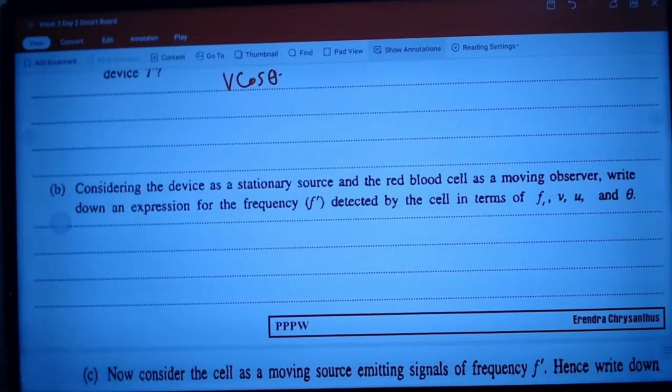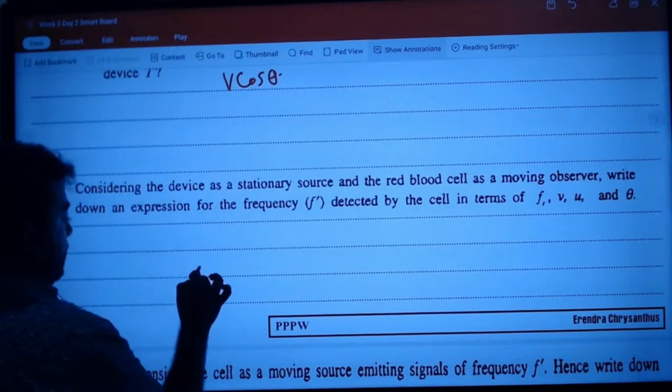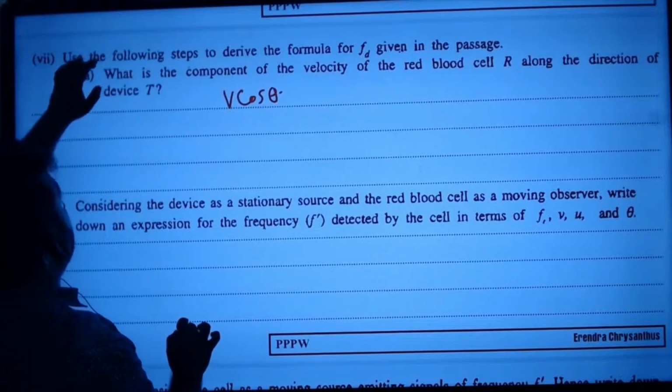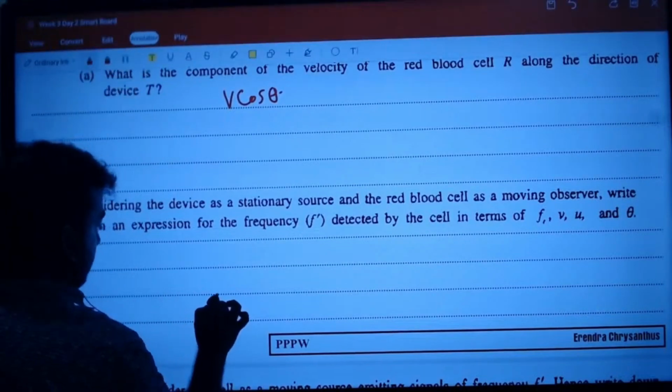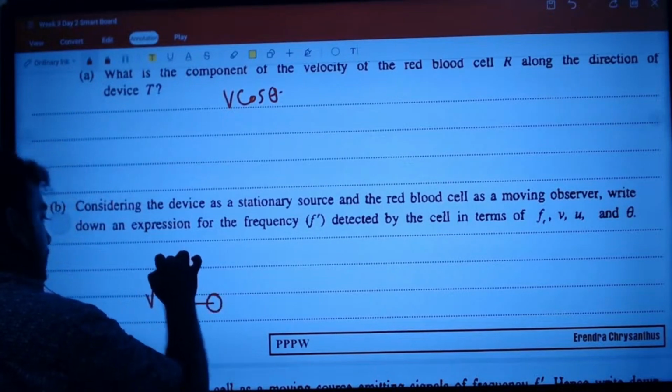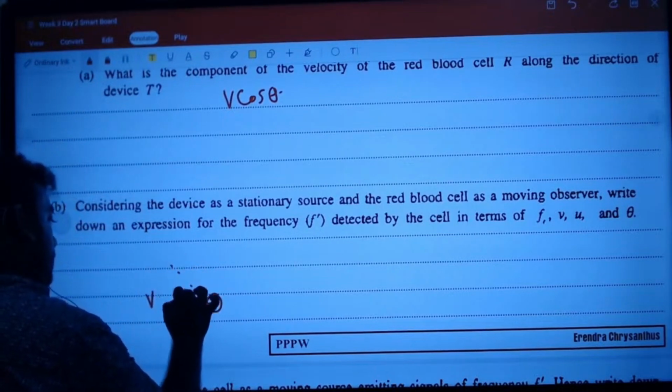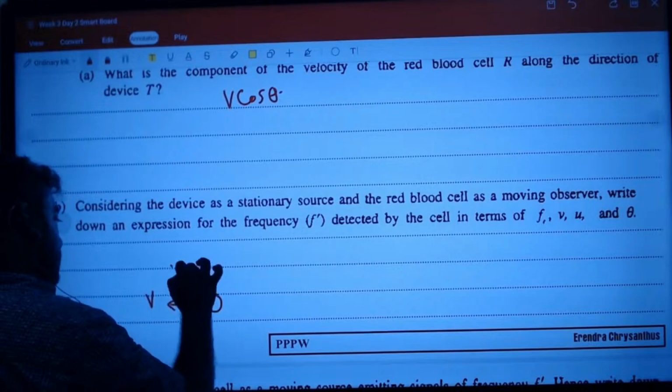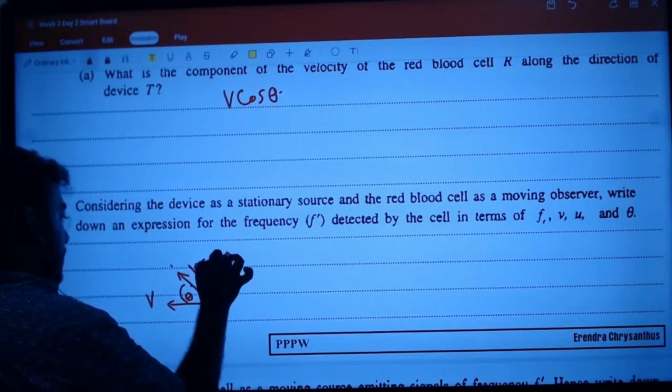Consider the device as a stationary source and the red blood cell as moving toward the observer. Write the expression for the frequency detected by the cell. Cell is the observer. Here the velocity is V cos theta.